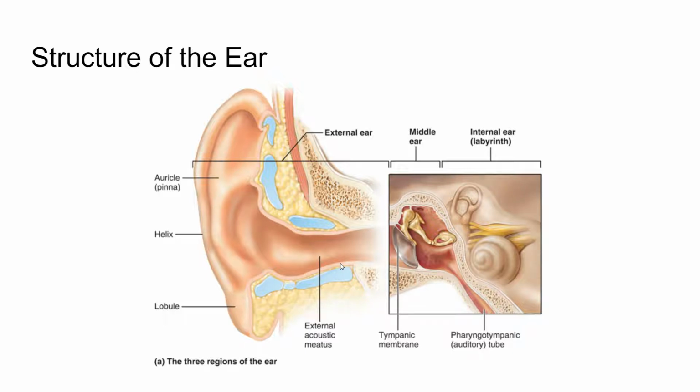These ceruminous glands are what make earwax, and it's just protection for this particular organ, which is actually, most of the ear organs are found inside the skull, which is pretty cool.